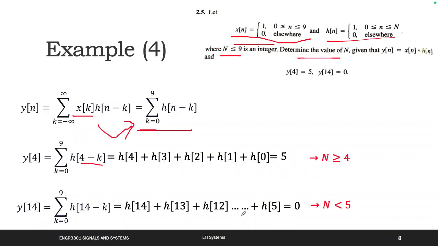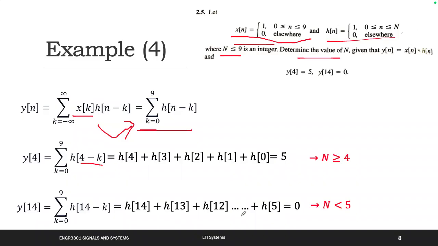Question? What's the value for n? 4? It should be smaller than 5, so it cannot be 5, right?